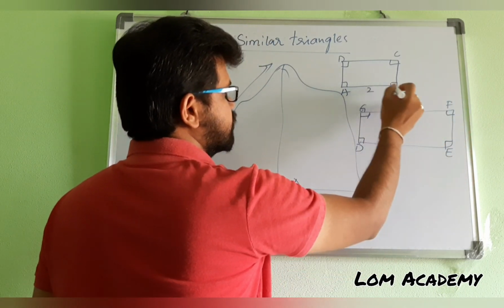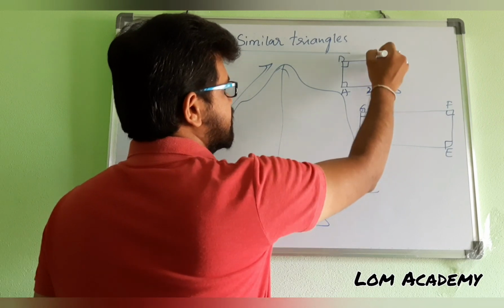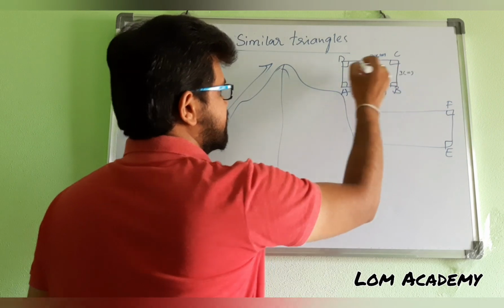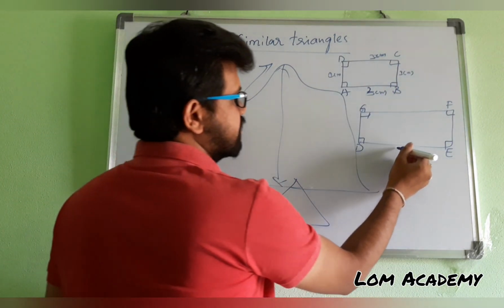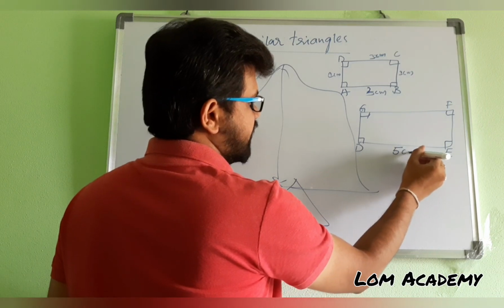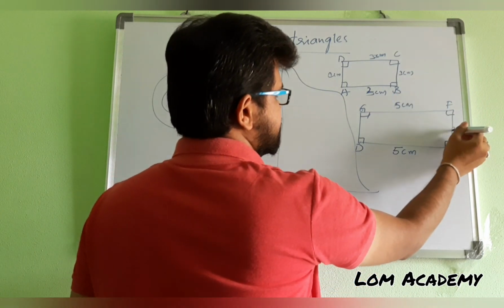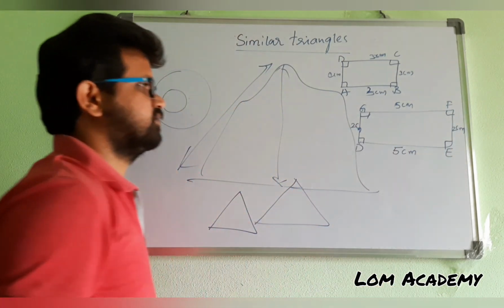Let us take this as 3 centimeters, and this is 1 centimeter, and this is also 1 centimeter. And I am taking here this as 5 centimeters, this is 2 centimeters and 2 centimeters.